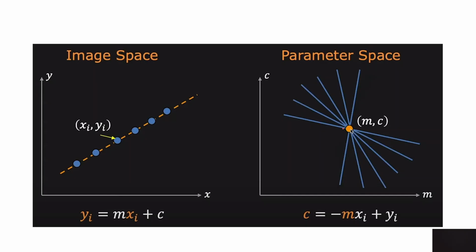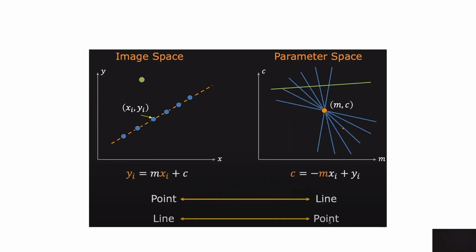So what we are going to do is try to take an overview of this. A point in the image space is a line in the parameter space. So if we have a line in parameter space, we would have a point in the image space. So these are quite opposite of each other.